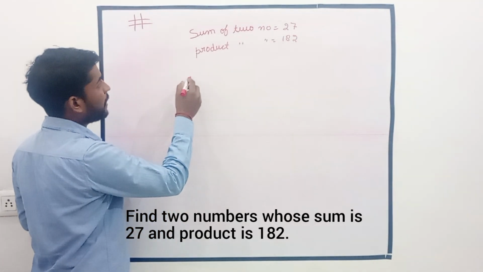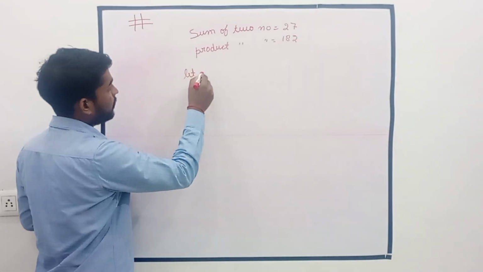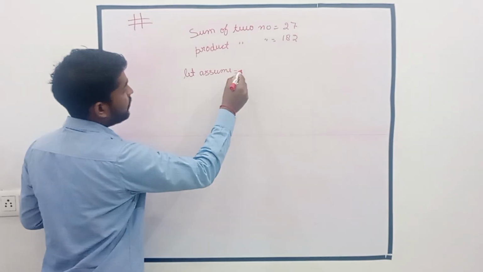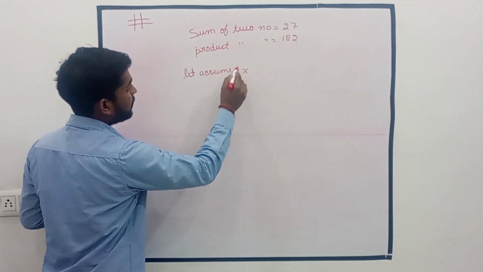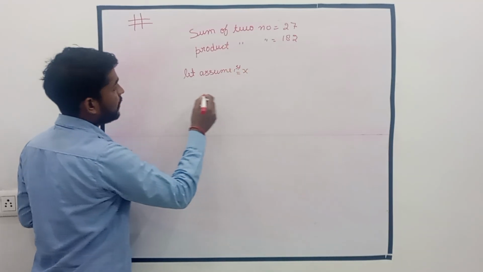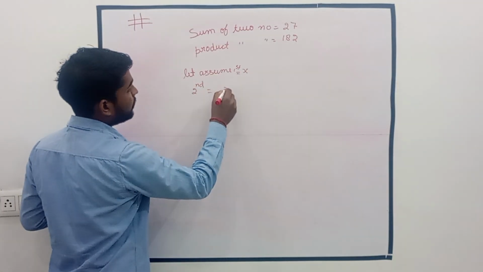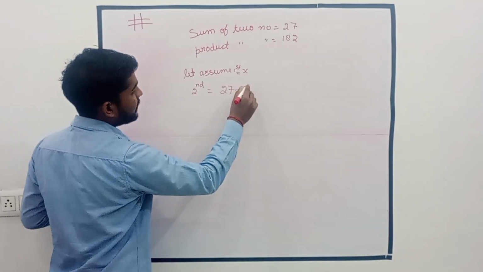We can assume the two numbers. Let the first number be x, and the second we can assume is 27 minus x.